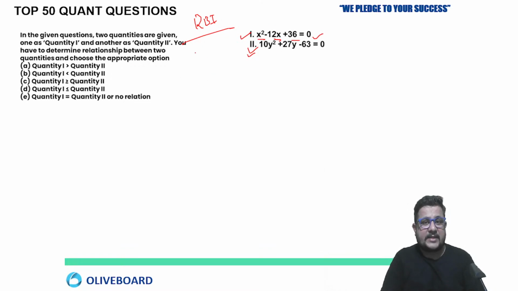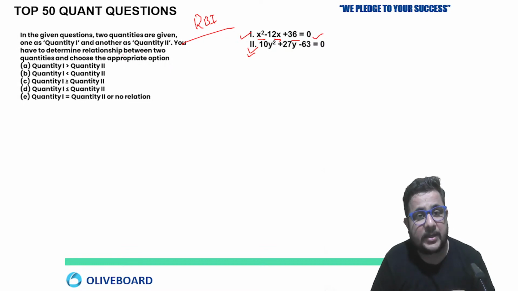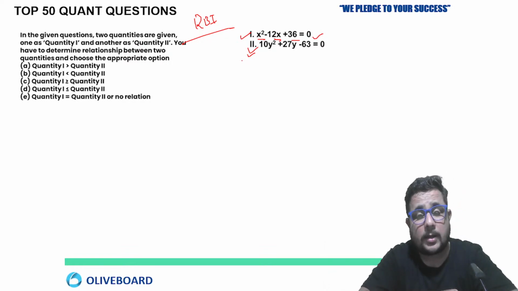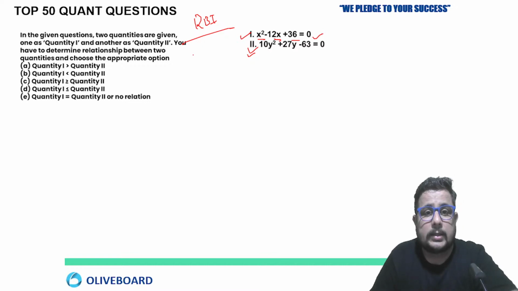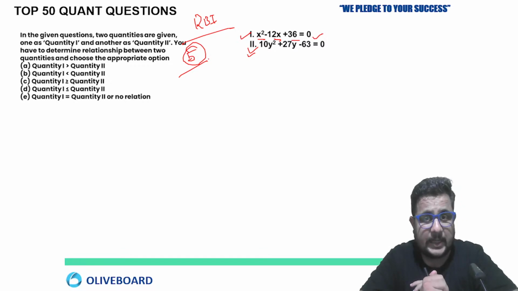Quantity comparison based and quadratic equation based questions are here. These are the most common questions in banking, RBI, SEBI, all regulatory exams. This we can expect if there is a question from this section, definitely there will be at least 5 questions. Tell me the answer now.